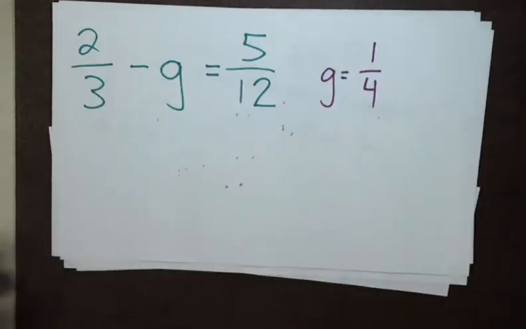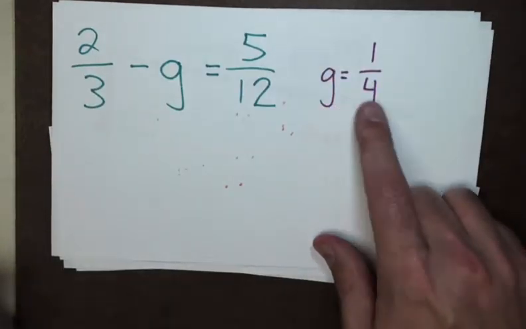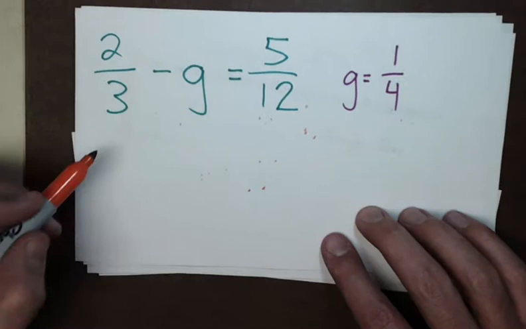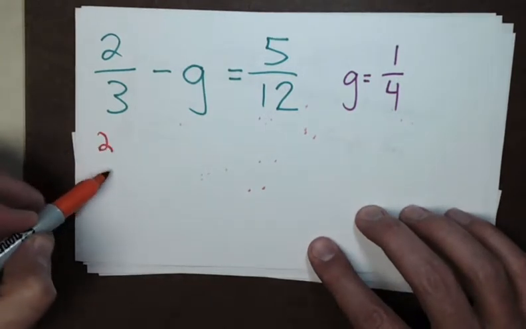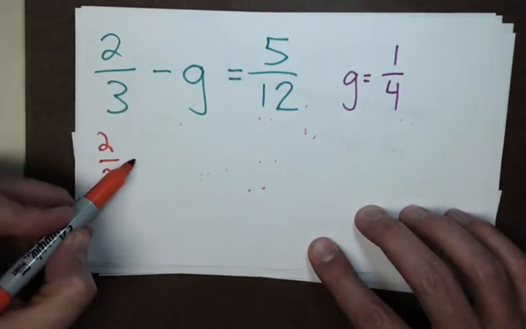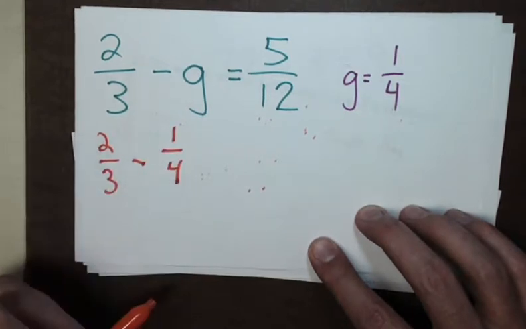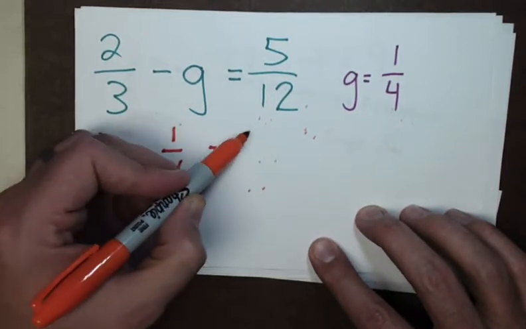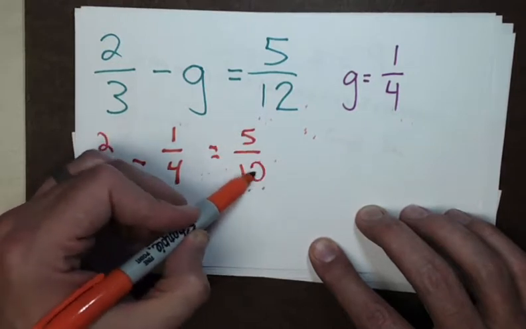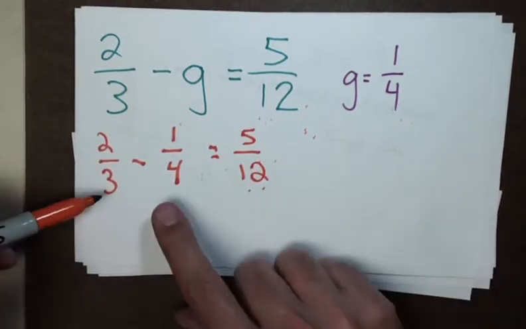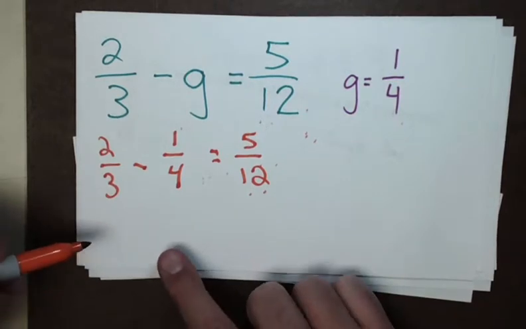Okay. Now, is g equals 1/4 the solution for this equation? Here we go. 2/3 minus 1/4. Does that equal 5/12? Okay, so we have to come up with the common denominator. In this case, it will be 12.